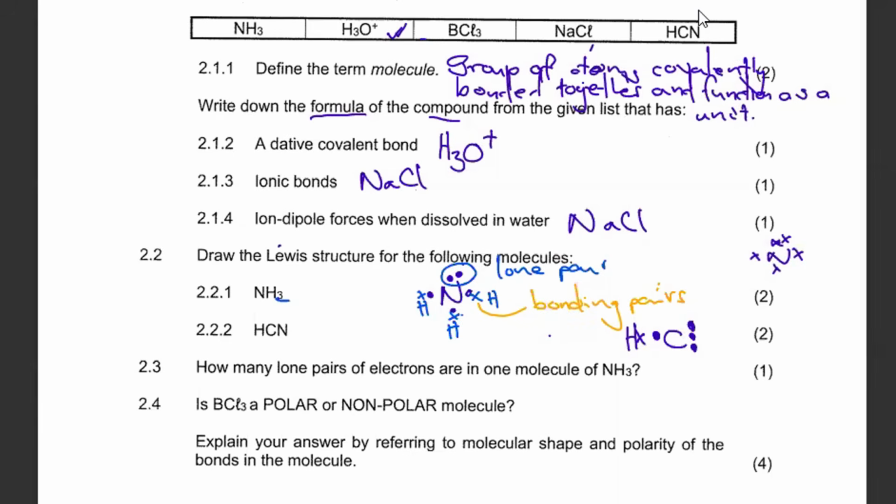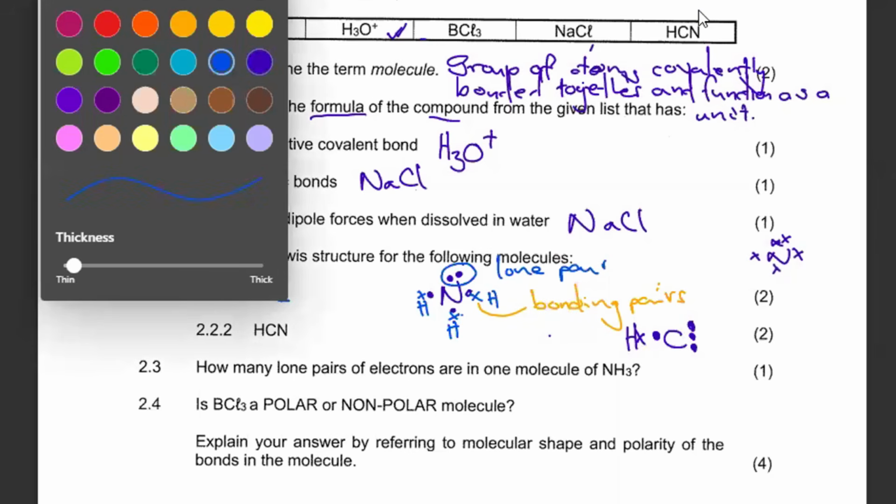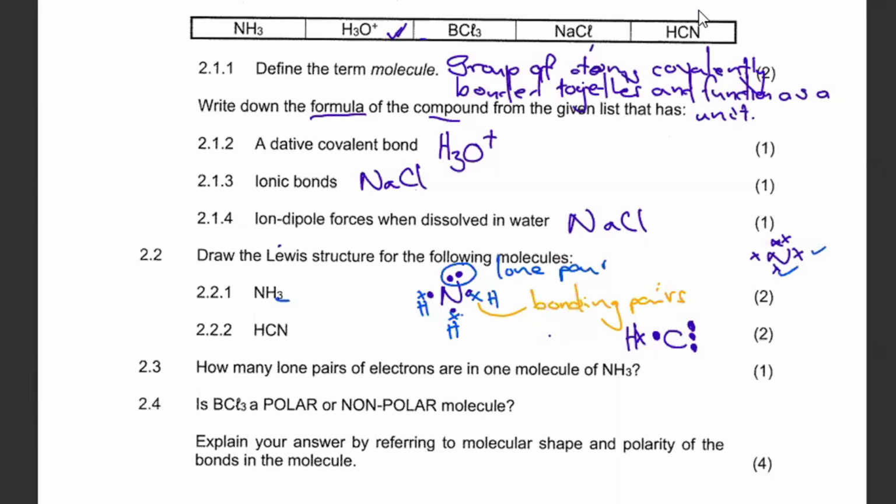These three are referred to as the bonding pairs, and they attach to this carbon. So 1, 2, 3. These are the bonding pairs. Then your nitrogen also has the other 2, which are referred to as the lone pair. So this is the structure of HCN, which is your cyanide.